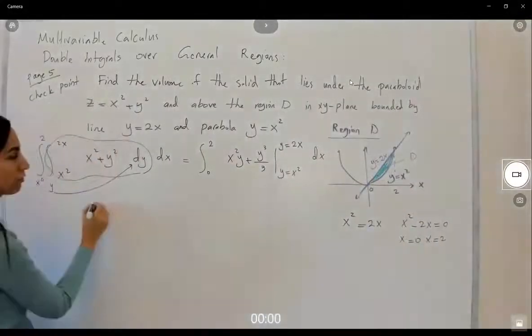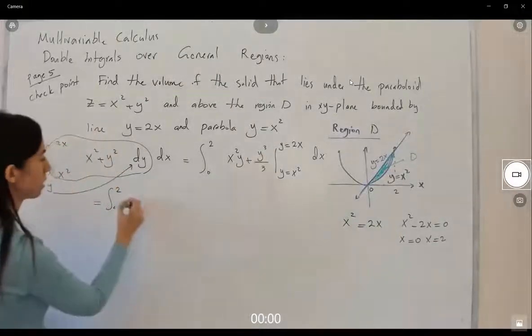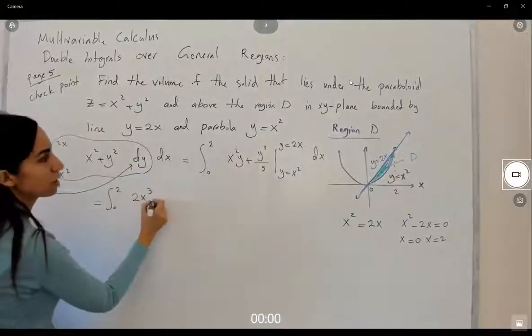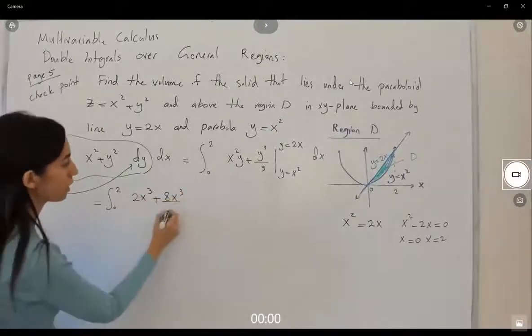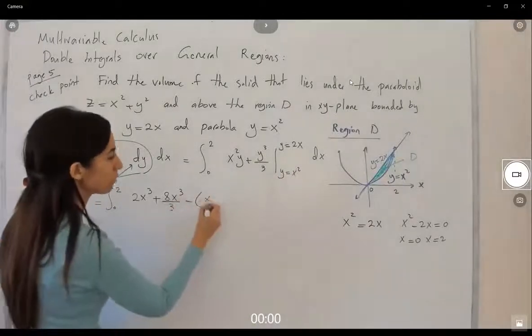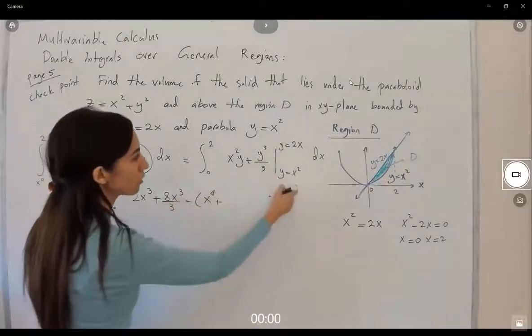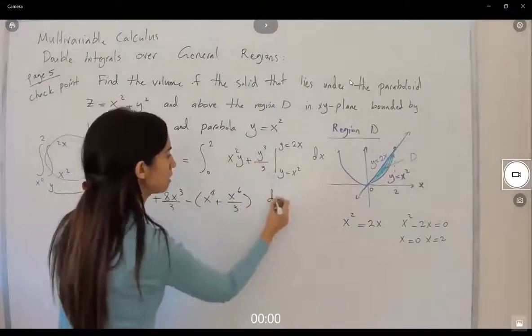So let us simplify this first. 0 to 2. If I plug in 2x, I get 2x cubed plus 8x cubed divided by 3, minus, if I plug in x squared, I get x to the 4th plus x to the 6th divided by 3, and then dx.